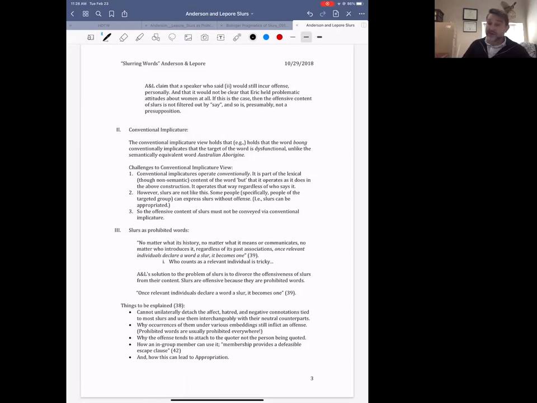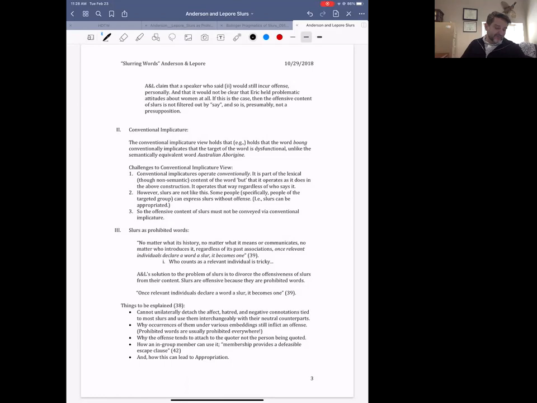But conventional implicatures attach to particular words. So maybe the B word or the N word or the K word have these kinds of conventional implicatures attached to them. Certainly the offensiveness seems to go away if we use the non-offensive analog. So that maybe suggests that the offensiveness is detachable in a certain way.